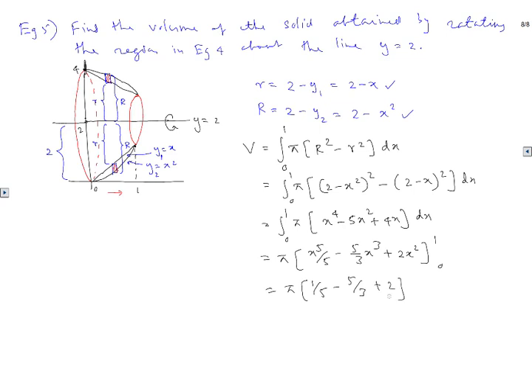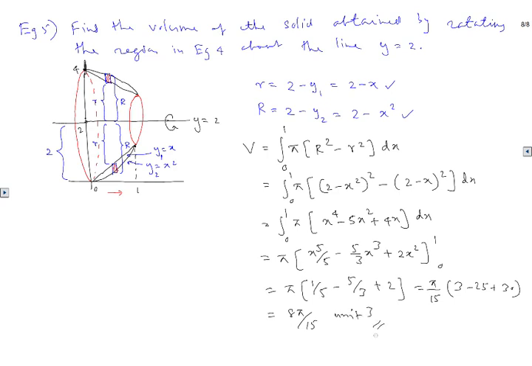Take the common denominator 15, and you're going to get pi over 15 multiplied by the missing term: 3, then 5, then 25, and 15 times 2 is 30. So you're going to get 8 pi over 15 unit cubed.